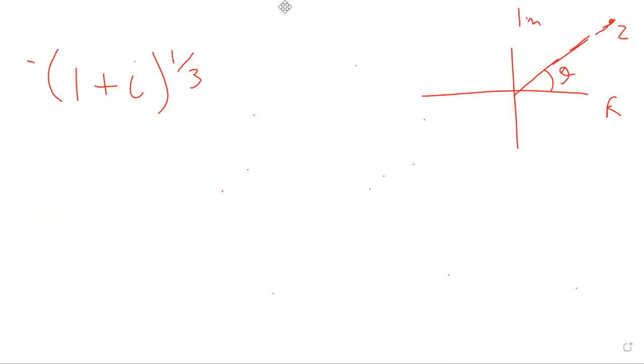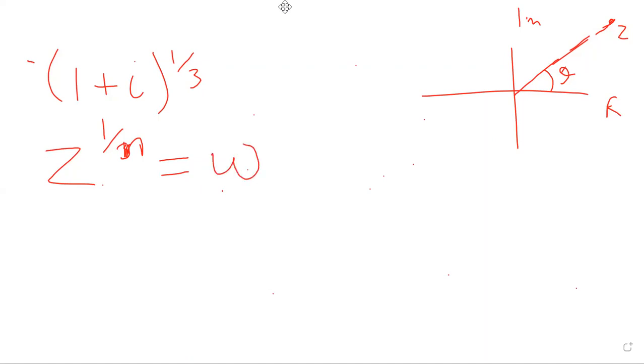So if you say a complex number raised to the power 1/3, or a complex number raised to the power 1 over n, it has n solutions, and let's say w is a solution to this equation, and let me write w.